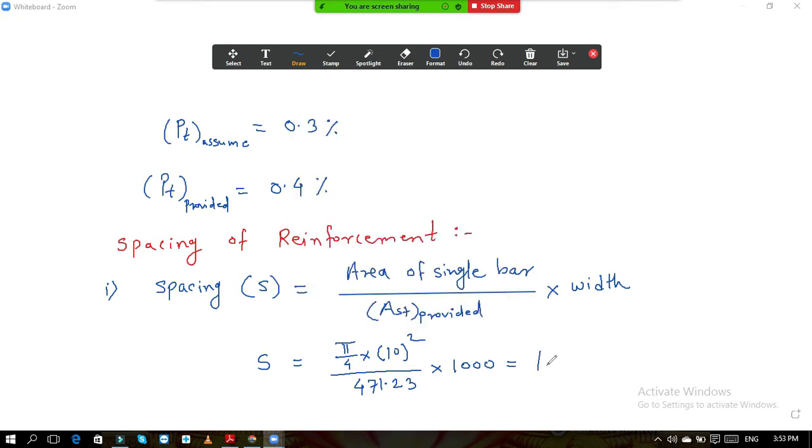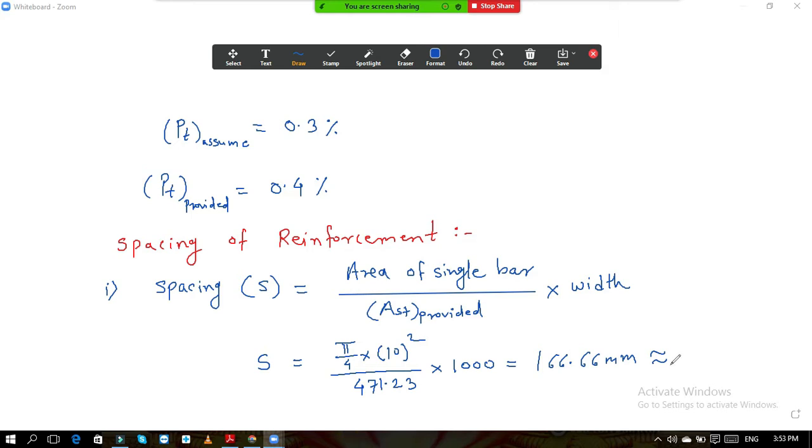166.66 mm. Always remember that while rounding up the spacing, we round to the lower value, and when we round up the depth or other dimensions, we round to the higher value. What is the logic behind rounding the spacing to the lower value?